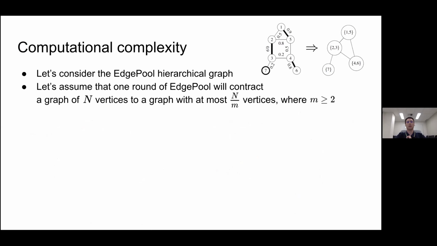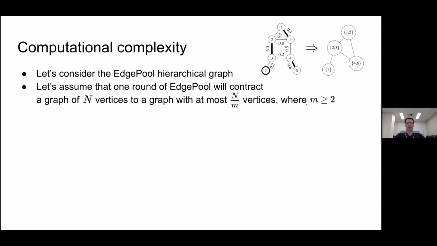All right, so let's look at the computational complexity of this kind of construction when using edge pool. Let's assume that one round of this edge pooling will contract the graph of n vertices to a graph of at most n over m vertices.